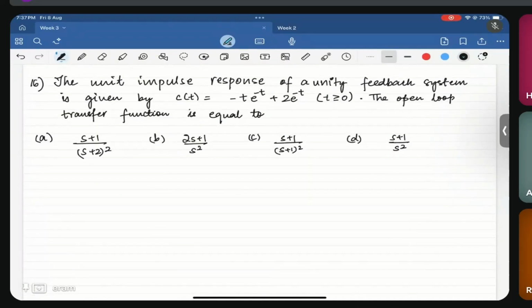Okay, so for this system, there is a unity feedback system whose unit impulse response is given by this. You have to identify the open loop transfer function.